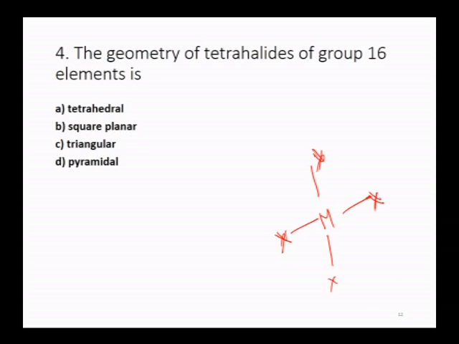It is a pyramidal structure, or it is also called a seesaw structure. So the answer is pyramidal structure as per synopsis.